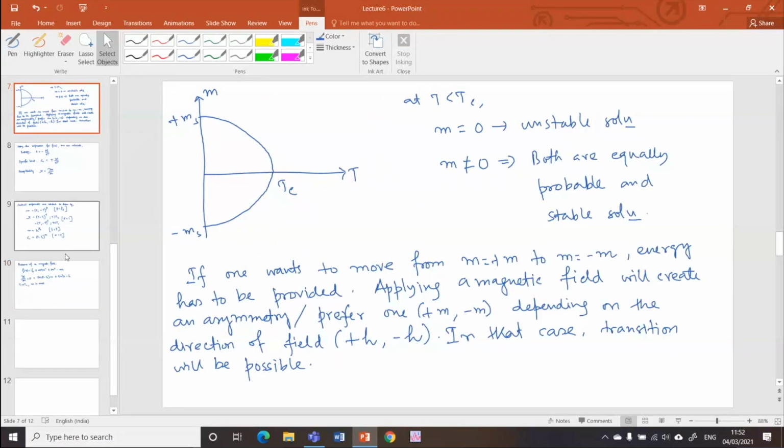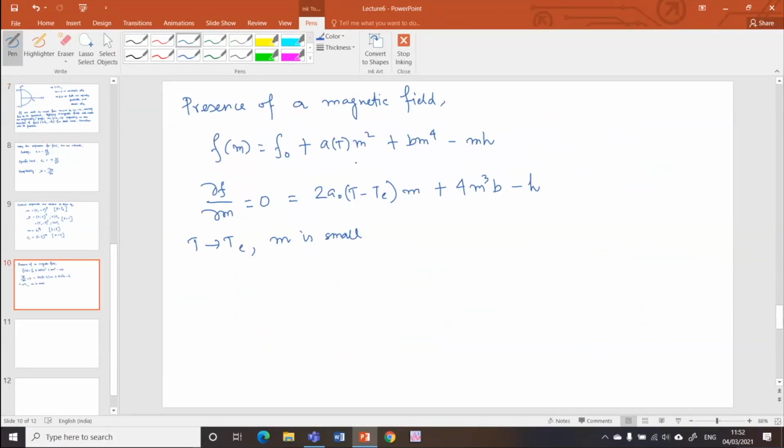So we will ignore the higher terms, the m cube term. What we get is that 2a0 times t minus tc times m will be of the order of h.